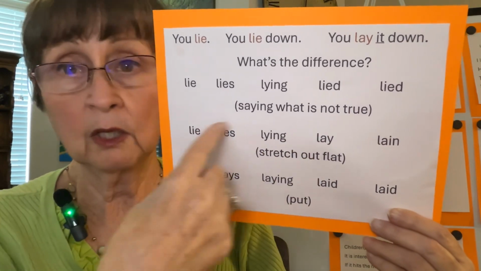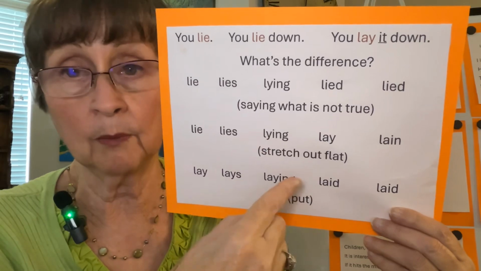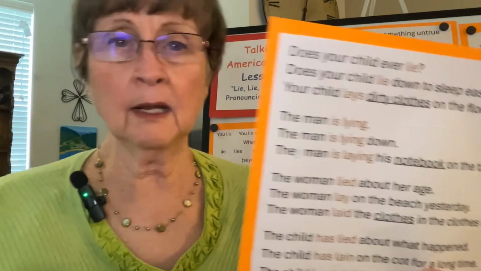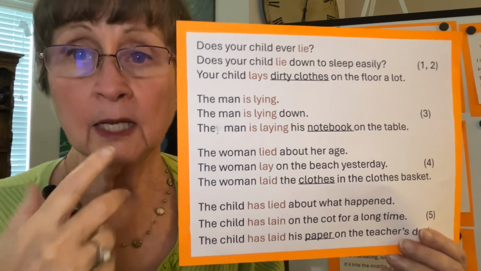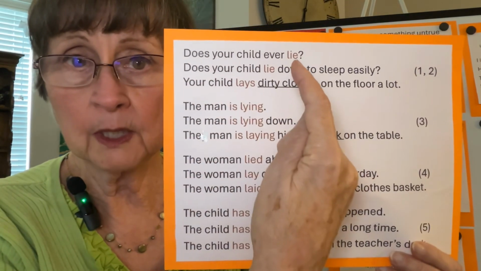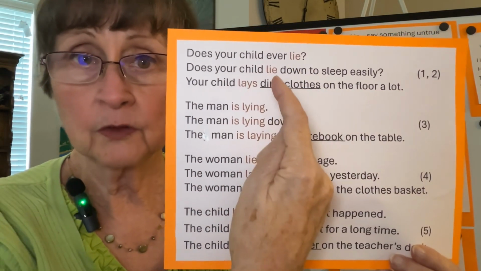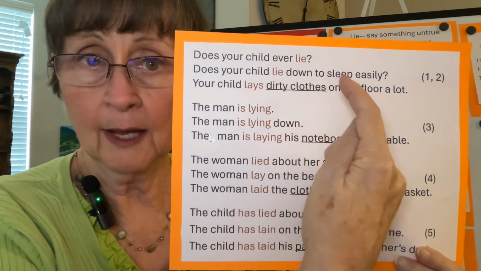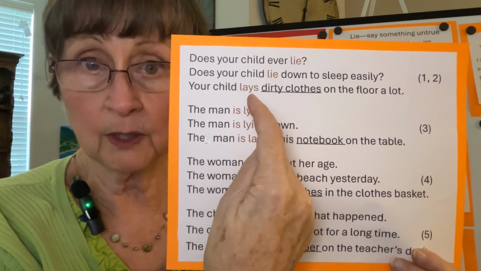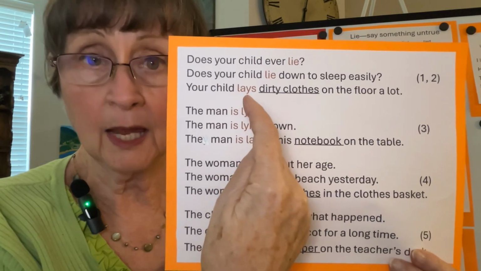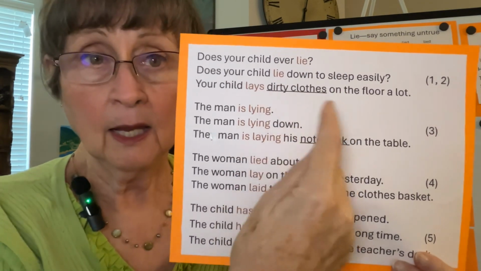So it's easy for us to mix them up, and we do it a lot. Now let's look at some sentences that use all three. Each time the first sentence will be not telling the truth, the second sentence will be stretching out, and the third sentence will be putting something somewhere using lay. So it's lie, lie, lay.